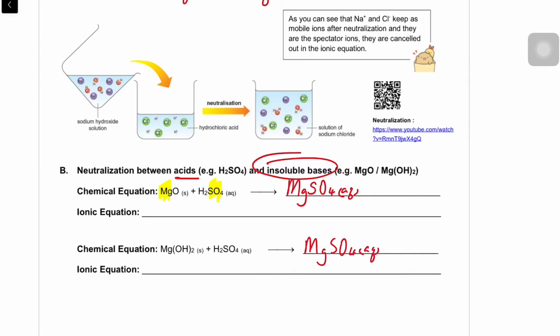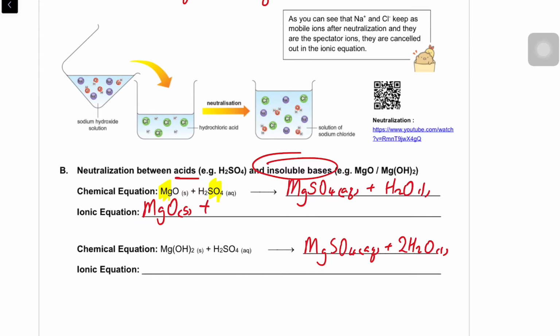Right, but how about the rest of them? It is H2O. For the second equation, you should be careful. There are two H2O formed during the reaction. Because magnesium oxide, or the base in this case, is insoluble, there is no point for us to break it down into mobile ions, so we should keep it.